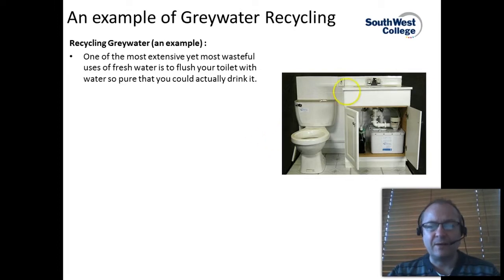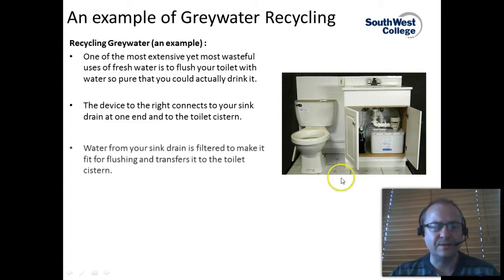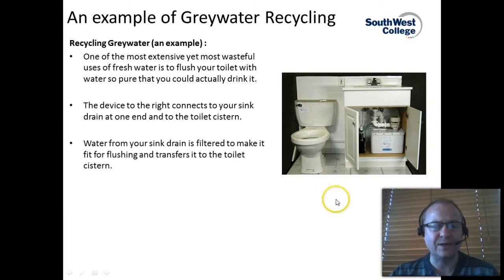So what a greywater recycling system, such as this example on the right hand side here, can do is connect to your sink and drain at one end. So from your hand washing activities in the bathroom, it goes into a little greywater recycling system, and then this prepares the water, which is then reused to fill the toilet cistern for flushing the toilet.